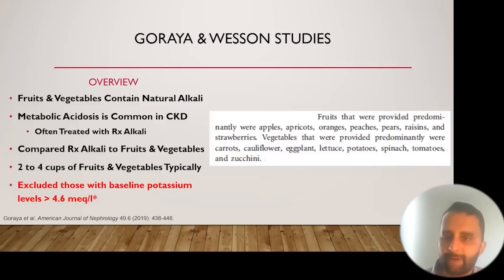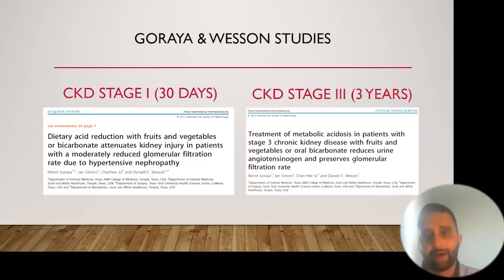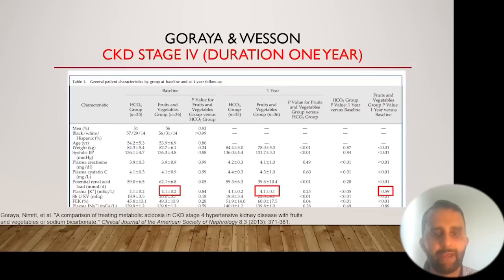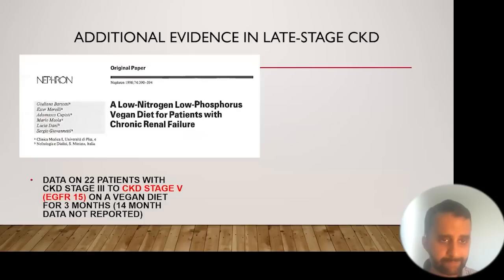Granted, they excluded folks who were at the higher end of a normal potassium range. They did study participants with stage 1, stage 3, and stages 4 and 5. And in all of these studies, they did not notice a significant increase in the potassium levels, which is good.